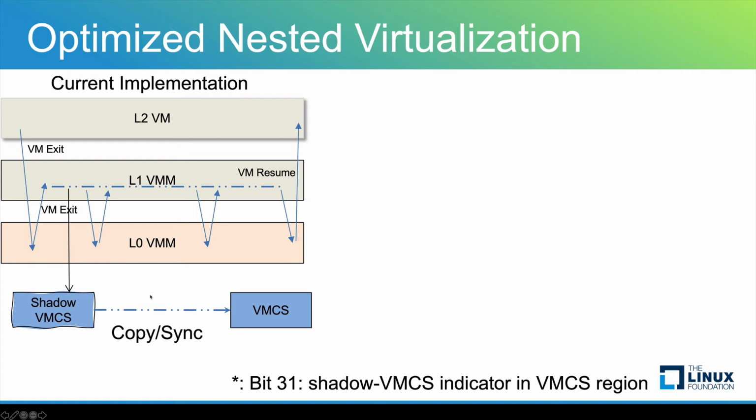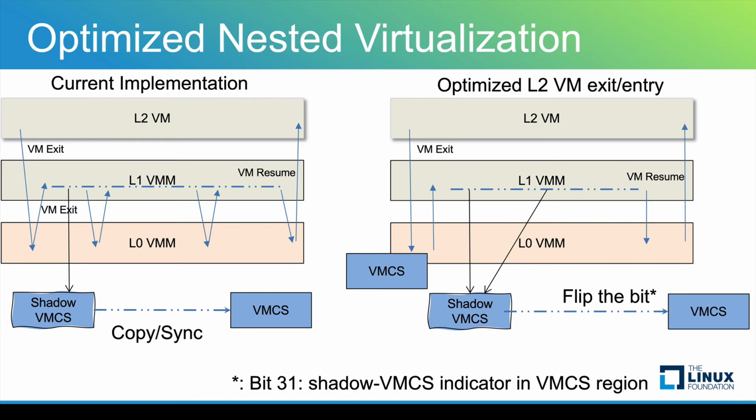Also, the biggest problem with VMCS shadowing is that the shadow VMCS itself cannot be used for VM entry. So when we go back to the L2 VM, we need to copy or sync some VMCS fields so that we can make a real VMCS for the VM entry back to the L2 VM.